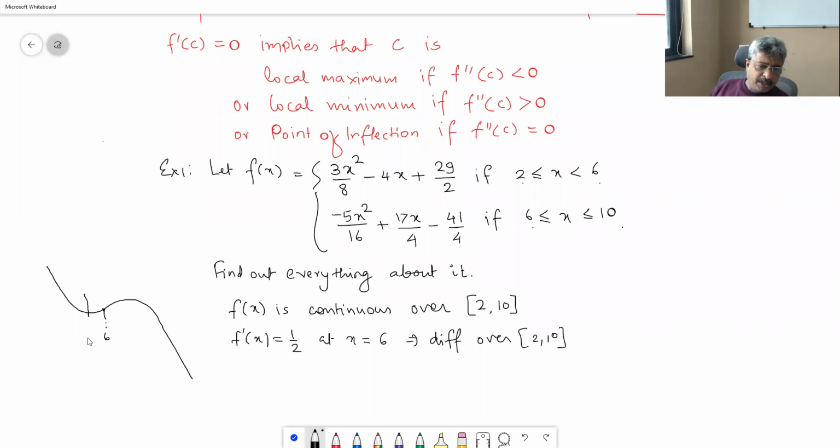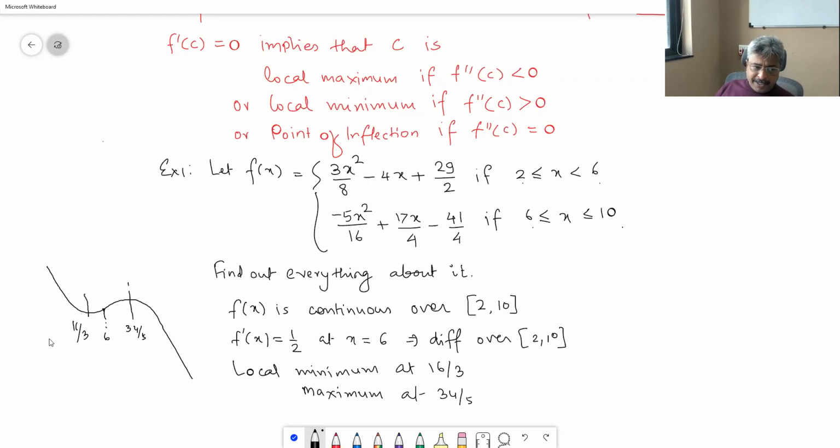You have a local minimum at 16 by 3, and a local maximum at 34 by 5. This is 16 by 3. This is 34 by 5.